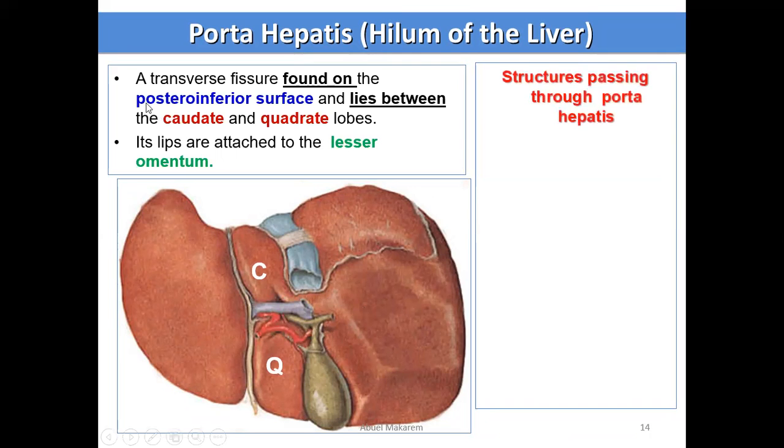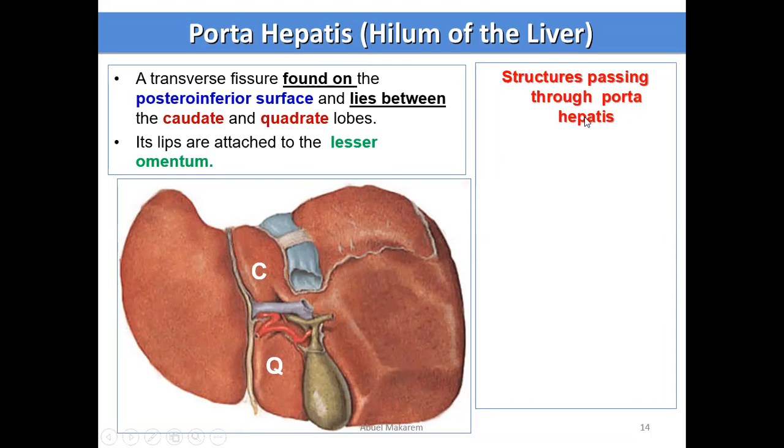It is a transverse fissure found on the posterior inferior surface and lies between the caudate lobe and the quadrate lobe. Between the two, the porta hepatis is present. Its lips are attached to the lesser omentum.